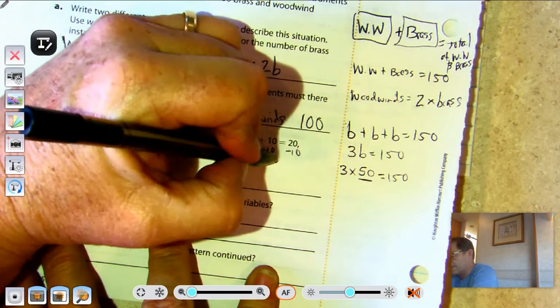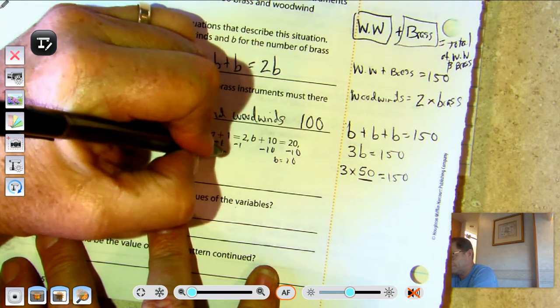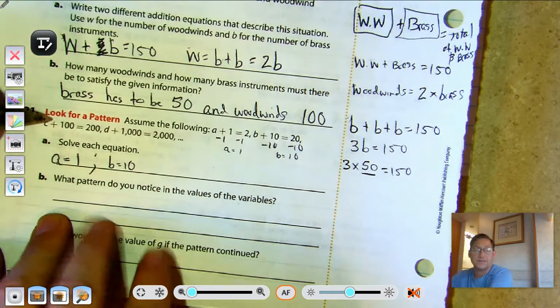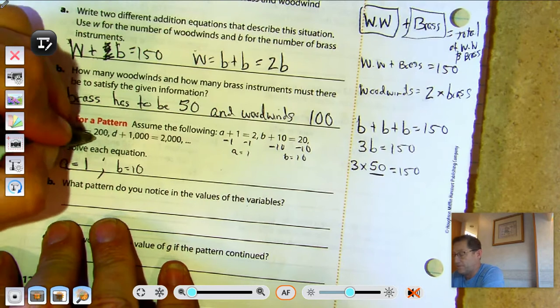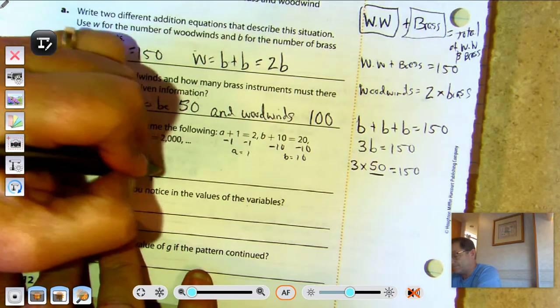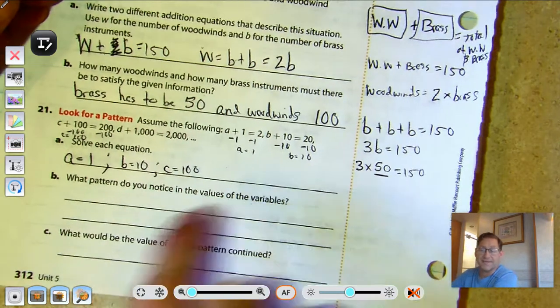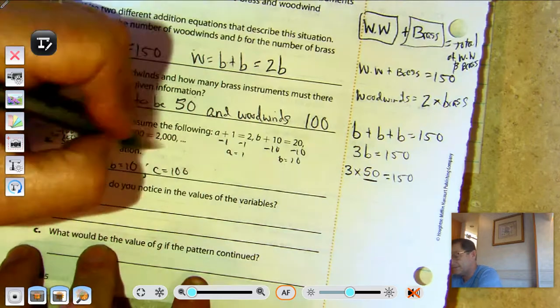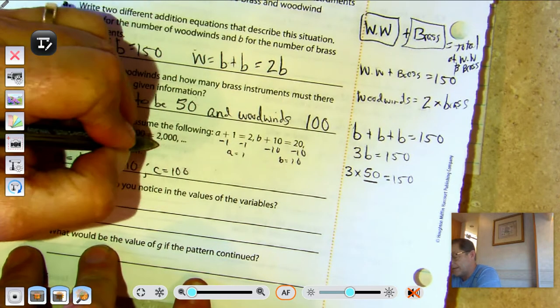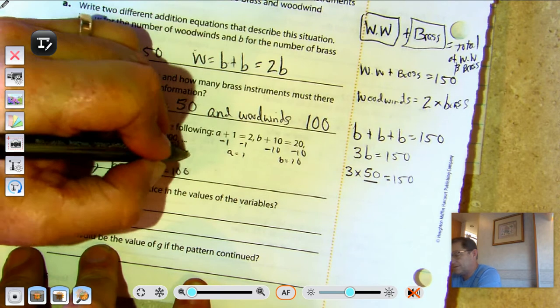That would give us B equals 10. C plus 100, subtract 100 from both sides. So C equals 100. That looks like it's increasing by a factor of 10, right? Subtract 1,000. So D equals 1,000.